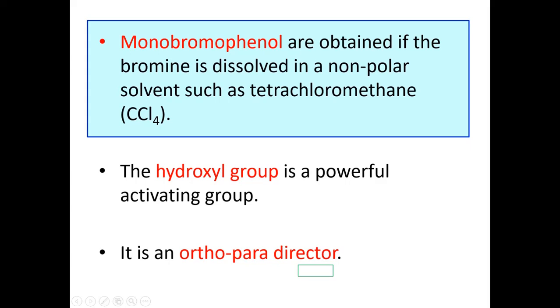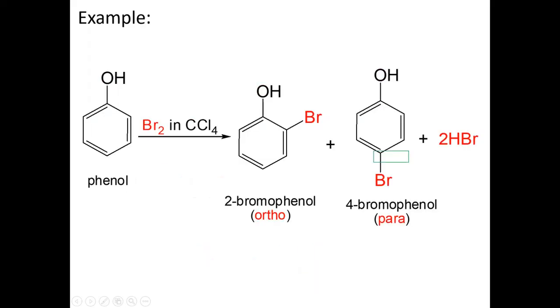The hydroxyl group is a powerful activating group. It is an ortho-para director. Okay. This hydroxyl group, or we call it OH, is an ortho-para director. Why? What is an ortho-para director? It is when this one reacts with Br2 in CCl4. So this OH will direct the Br to location number 2, which is here.